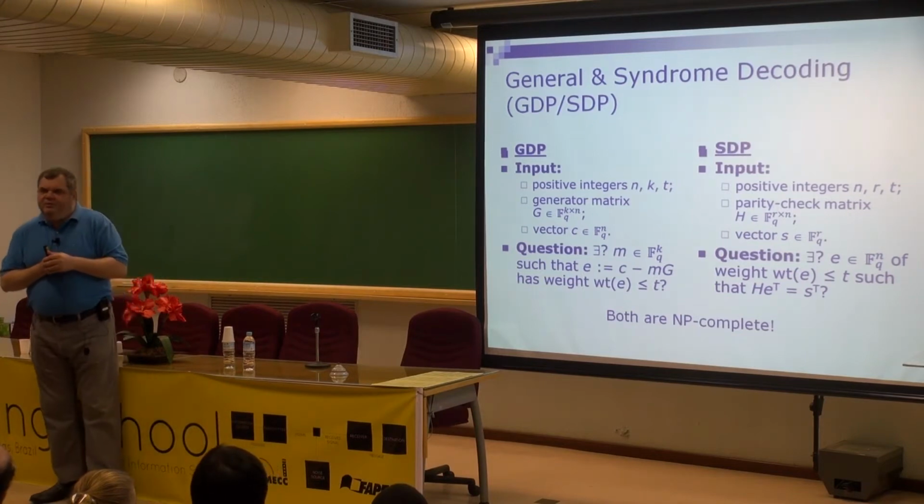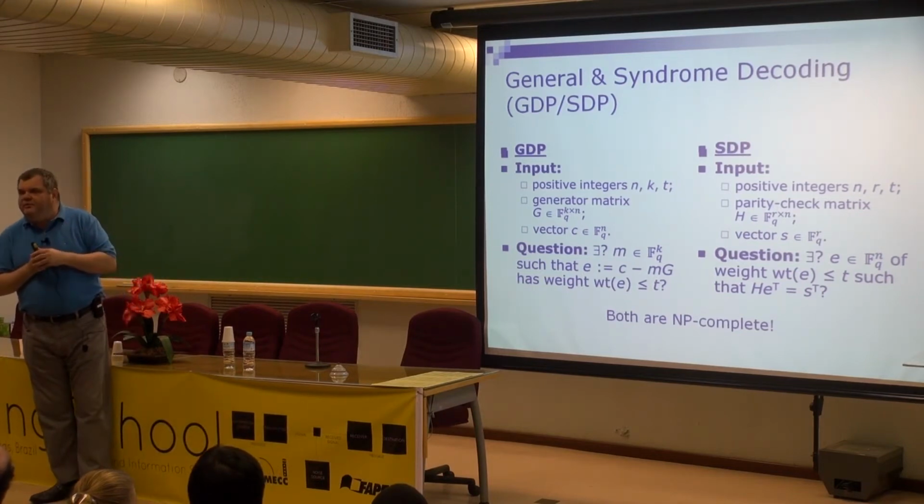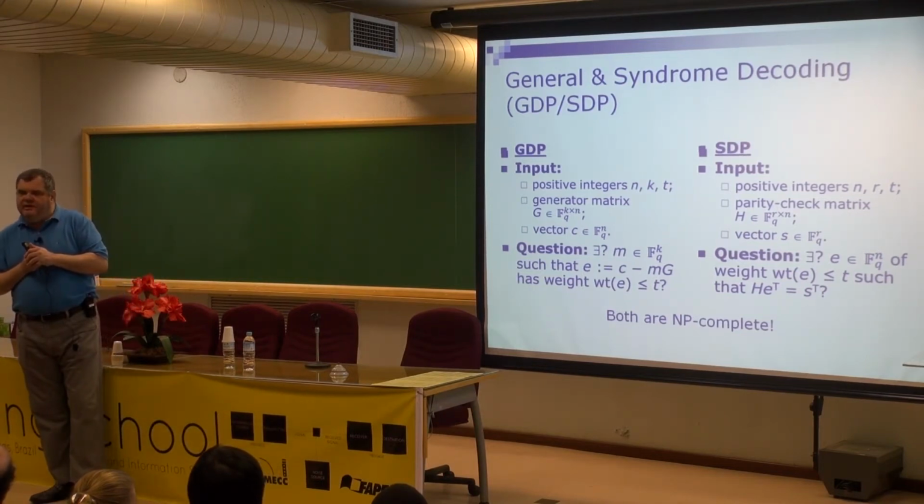It's almost as old as public key cryptography itself. Public key cryptography was discovered publicly, at any rate, in 1976.